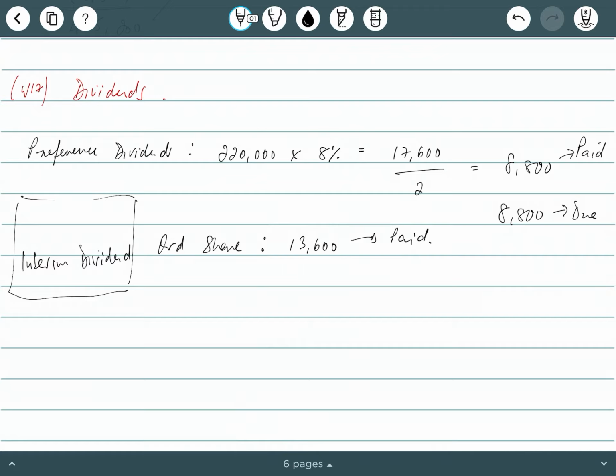Now, it says here in the workings, bringing the total to 7%. Now, 7% is from your ordinary shares. You've issued 420,000 euro worth of ordinary shares. So 420,000 multiplied by 7% gives us 29,400.